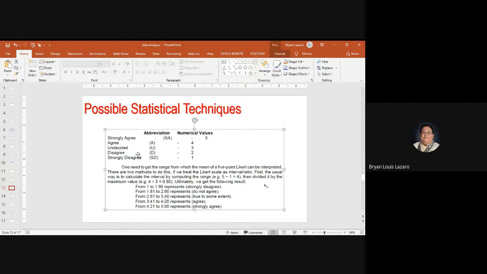So, guys, make sure na meron kayong verbal interpretation, ha? Ito ang isa sa pinaka pwede kong ibigay sa inyo. Pwede kayong mag-search sa internet. Verbal interpretation, halimbawa, balik tayo ulit sa aking Google Chrome.